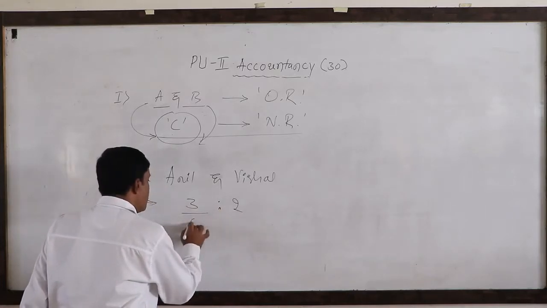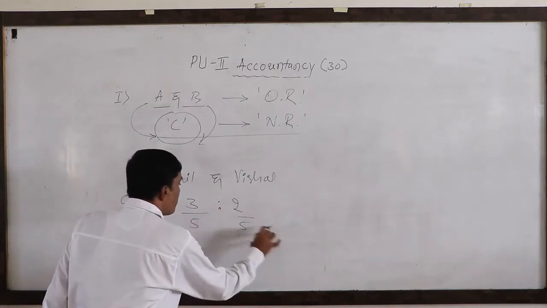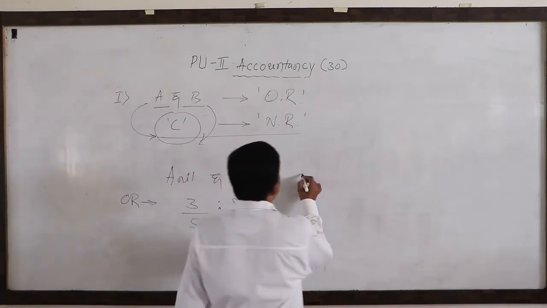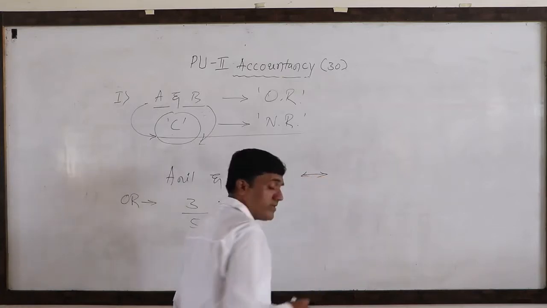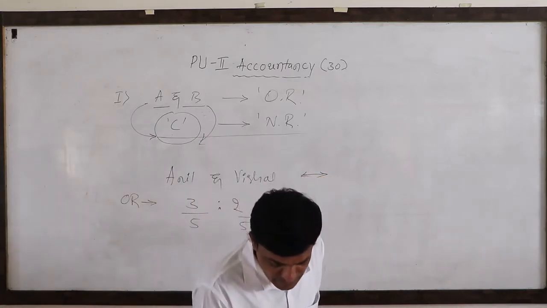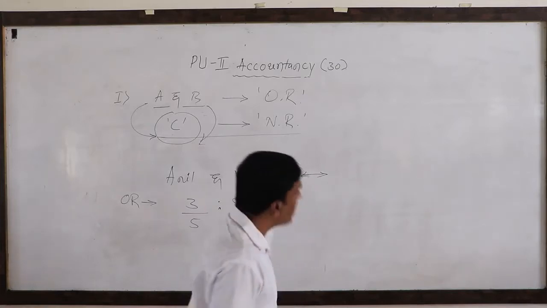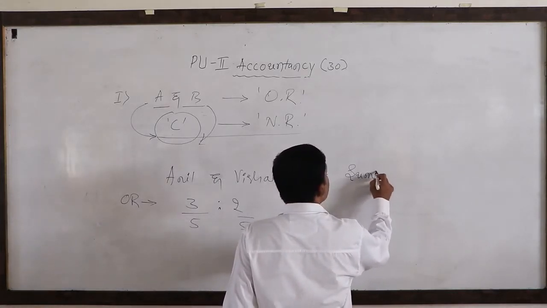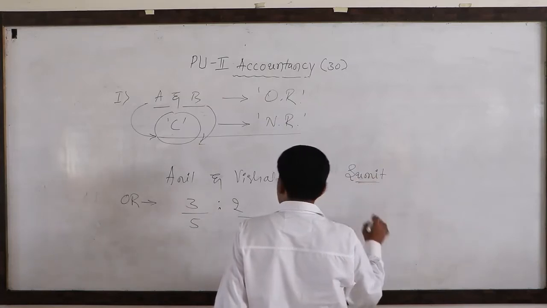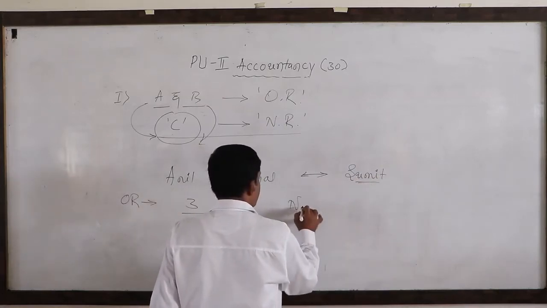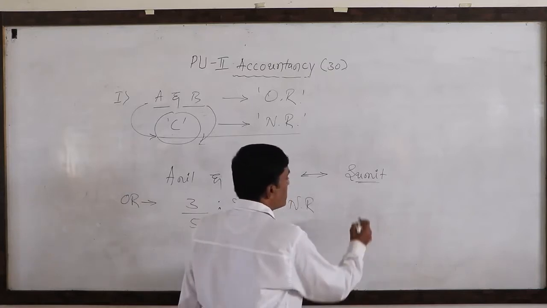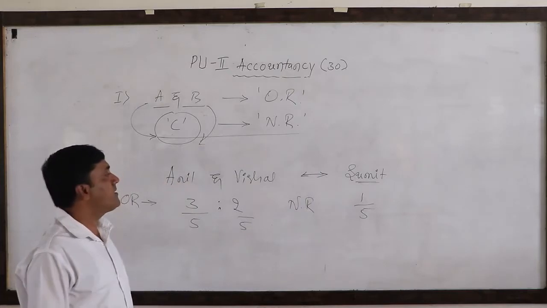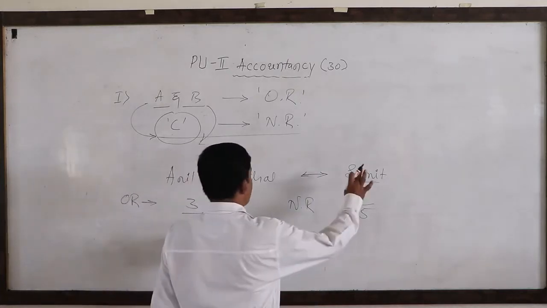It means 3/5, 2/5. This is the old ratio of the old partners. Here, you have been given the name of a new partner. They admitted Sumit as new partner. Sumit's new ratio is 1/5. It is the new ratio of Sumit.